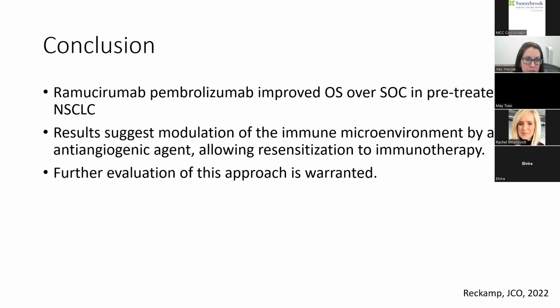And I think most interestingly, this is suggesting that the modulation of the immune microenvironment with an angiogenic agent may help resensitize tumors to immunotherapy. And I think that's an area of interest, and certainly further evaluation is warranted for this phase 2 study.